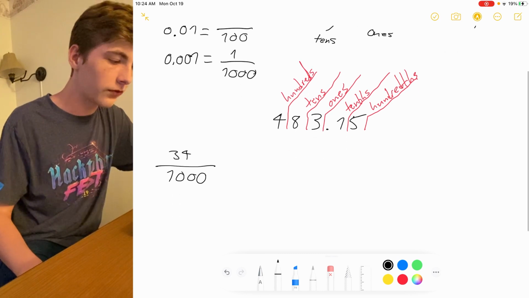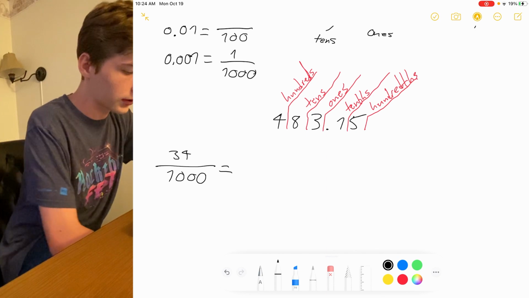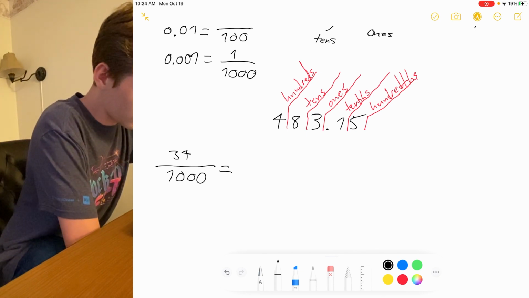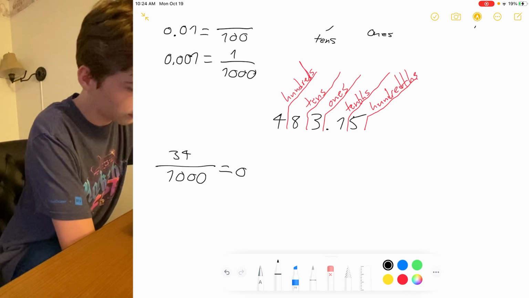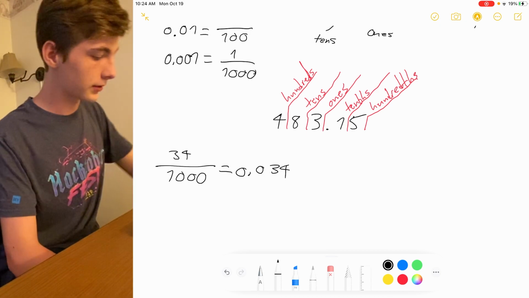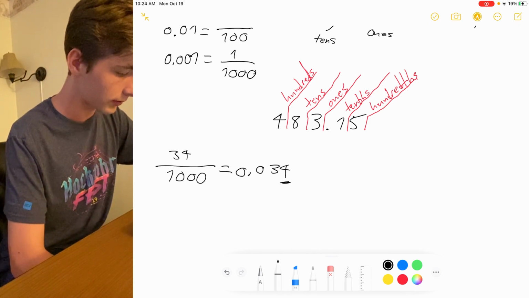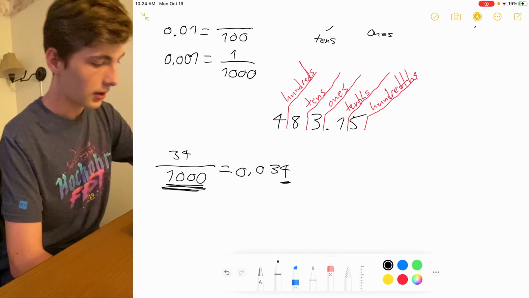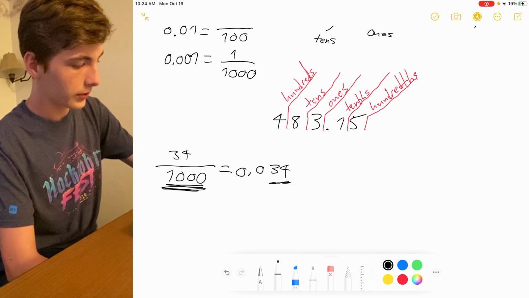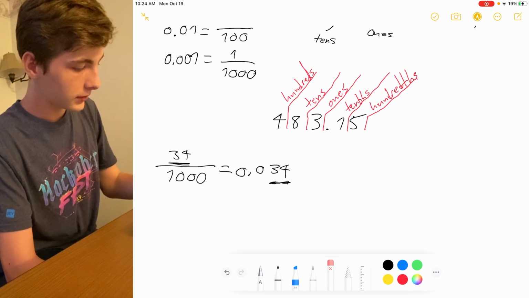If I had a 34, then it's going to be equal to the decimal 0.034. And that's because the 4, the last digit, is in the thousandths place, right? Because we're at 1,000. And we have both that 3 and that 4 from up here. So that's how that goes.